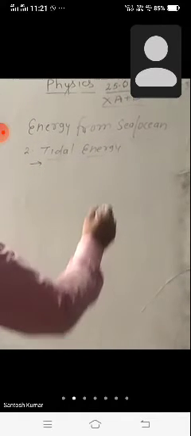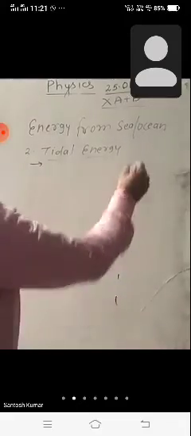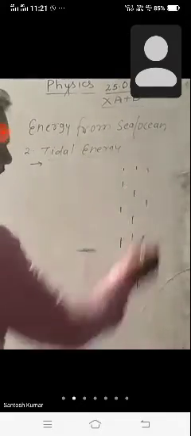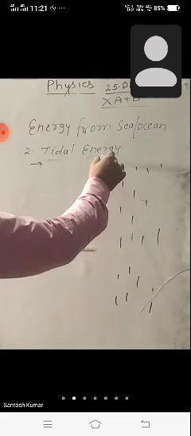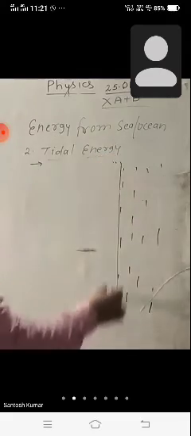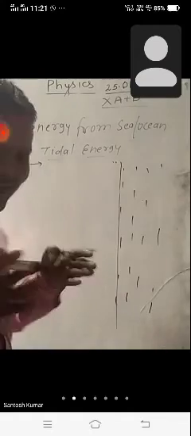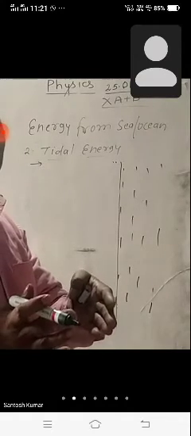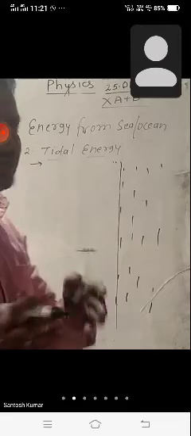Just see. Suppose this is the sea, the ocean, and this is the coast. So what is done? A narrow area is created, which simply means a dam is created.